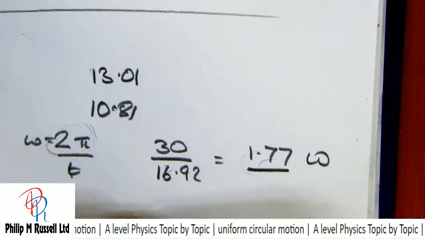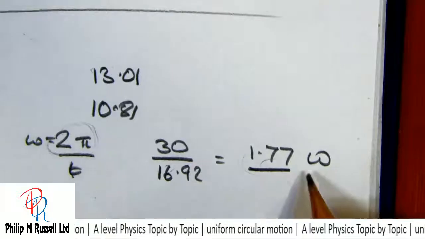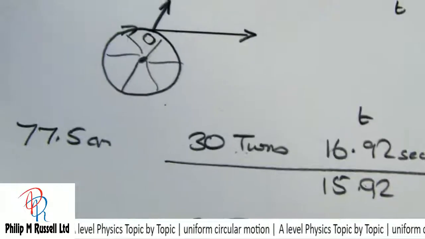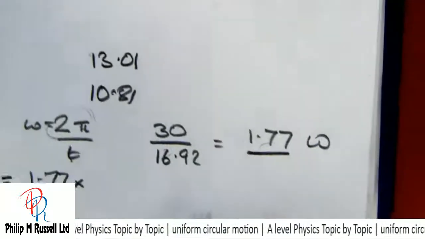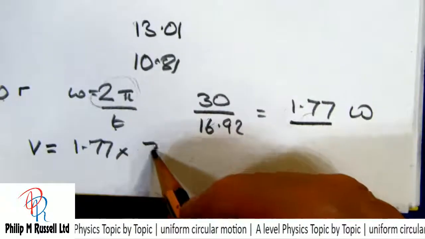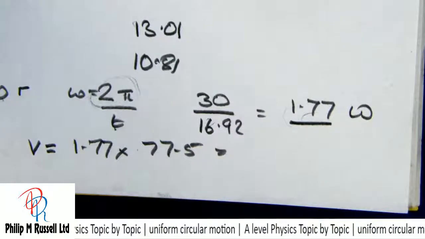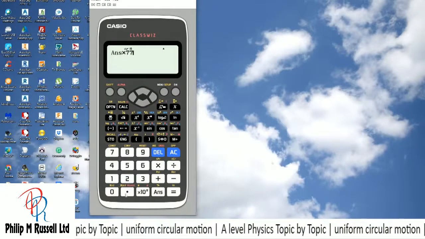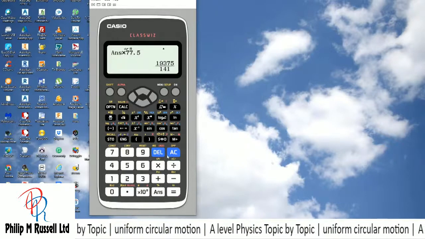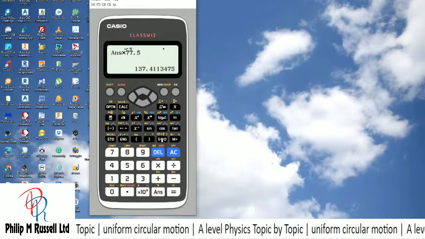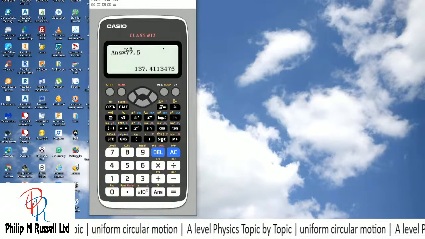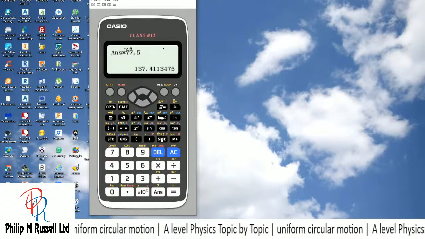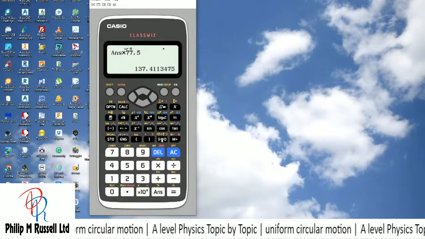So I can say that my velocity here is going to be 1.77 times my radius, which was 77.5, which gives me 137 centimeters per second.